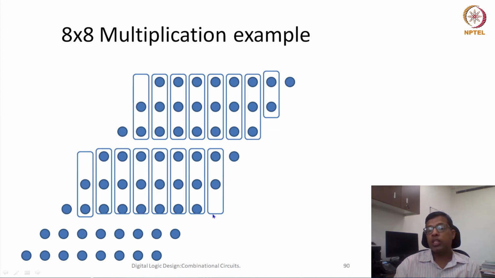Here it is 8, so we are leaving these 2 so that we can use them in later steps. This way we are creating all the groups, and the groups are created based on equal powers.